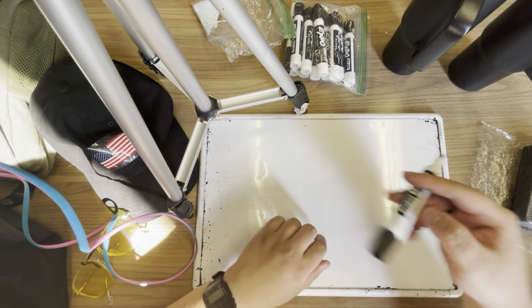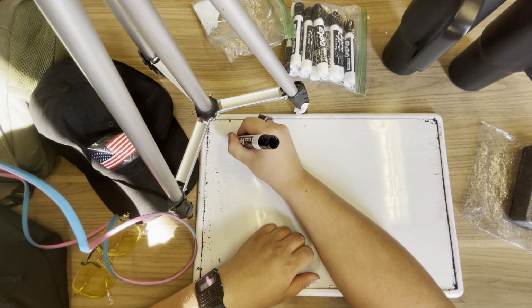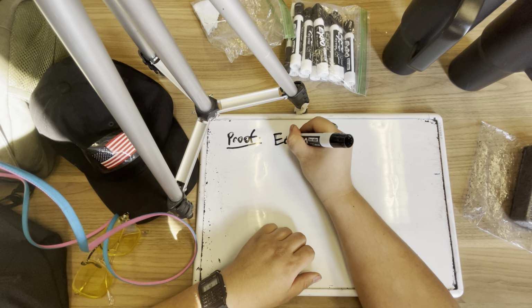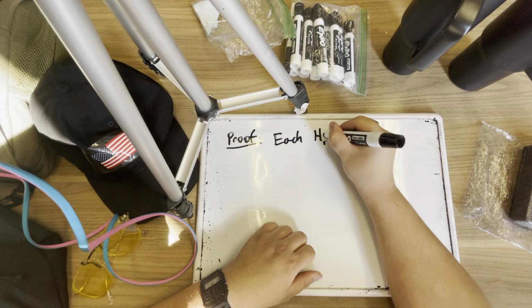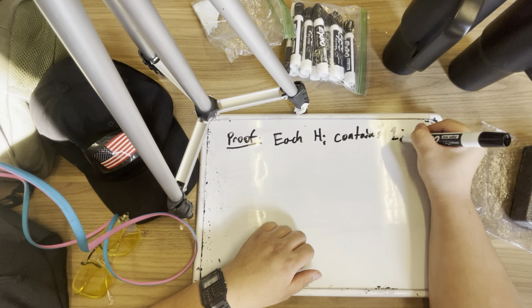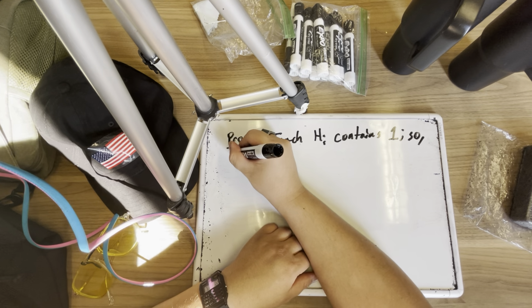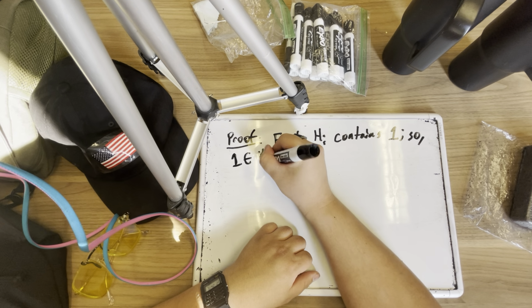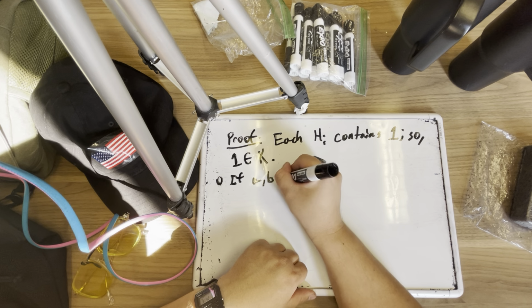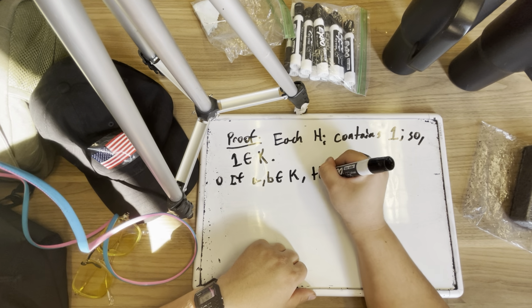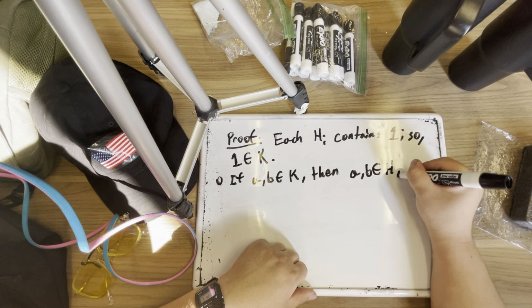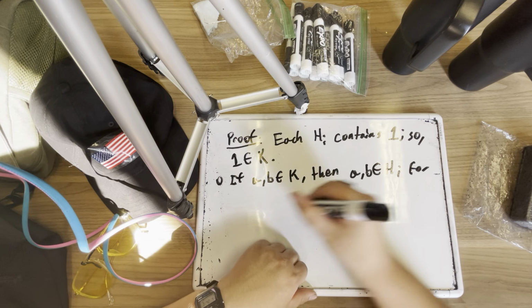Each H sub i contains 1. So, 1 is an element of K. Now, if a and b are also elements of K, then a and b are elements of H sub i for every i.